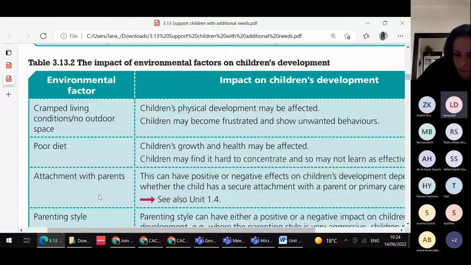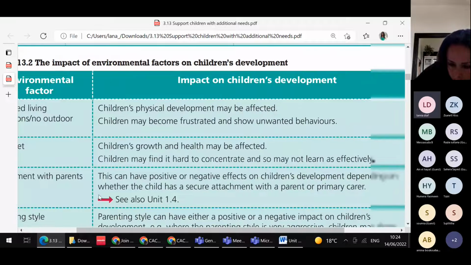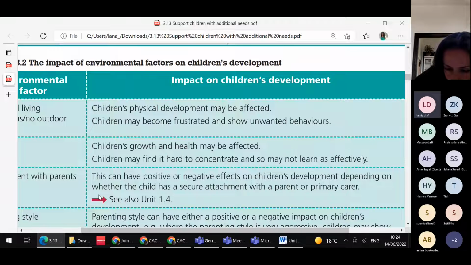For example, space, if there is not enough space. Space is very important to develop his physical skills. Right. Exactly. If they don't have the garden to run or any outdoor areas, that will affect their physical development.